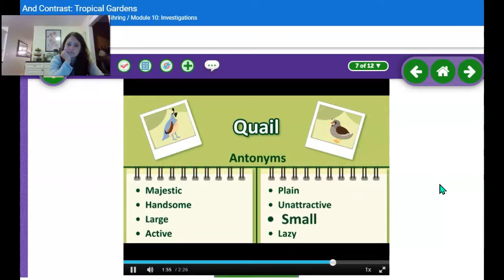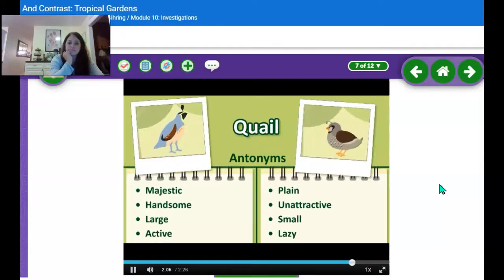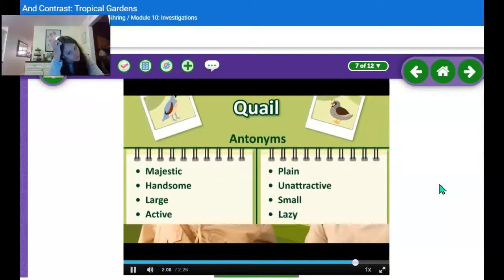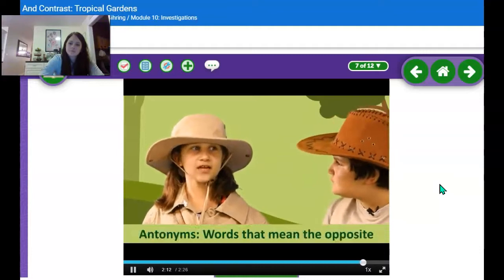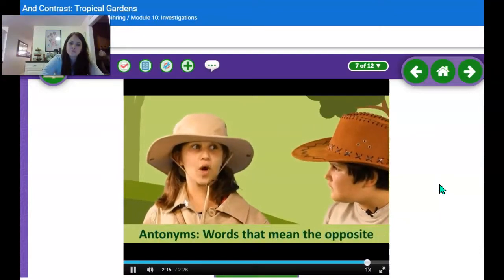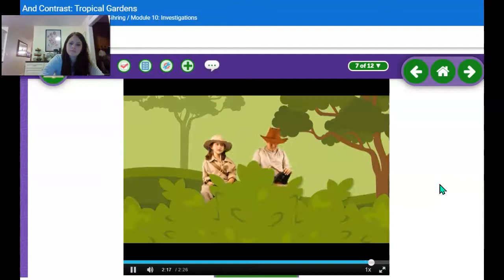I said it was small. We used opposite words. I also thought it was active because it was moving a lot on the ground. Well, we were describing two different quails. I said it was lazy. So synonyms are words that have similar meanings, and antonyms are words that have opposite meanings. I learned something new today, and not just about birds. Let's keep looking because I really want to find a turkey.